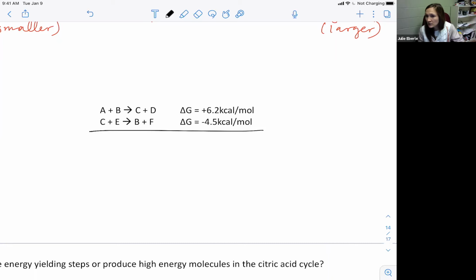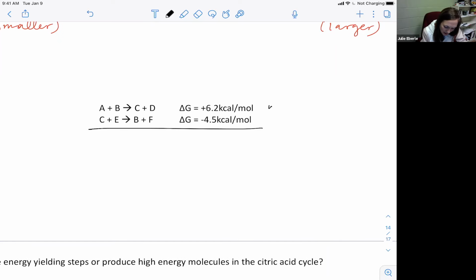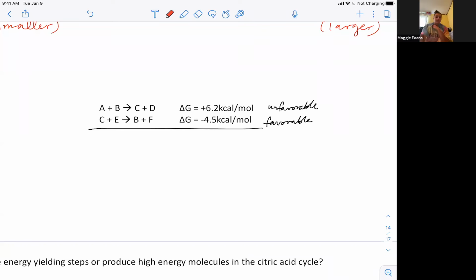Overall, would the coupled reaction be favorable or unfavorable? Remember, if it's got a positive delta G, this is unfavorable. If it's got a negative delta G, this is favorable. So what would the overall reaction be? Is it unfavorable?